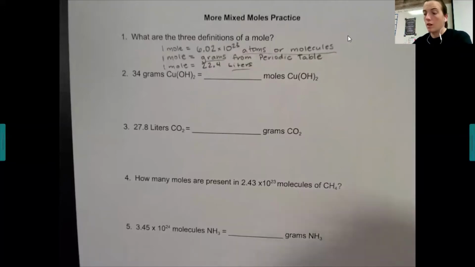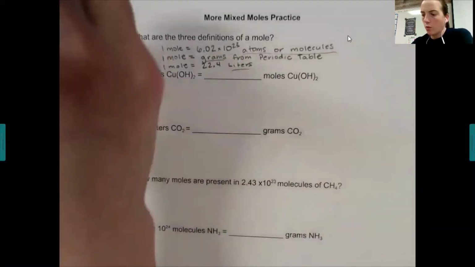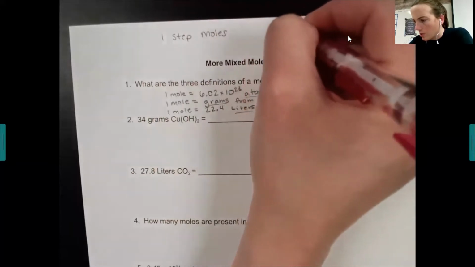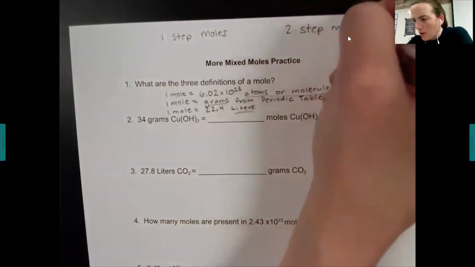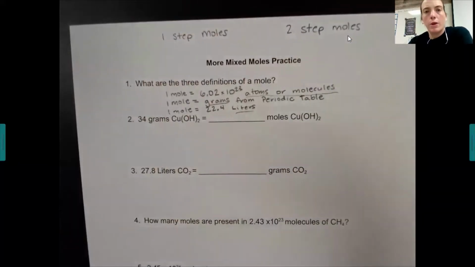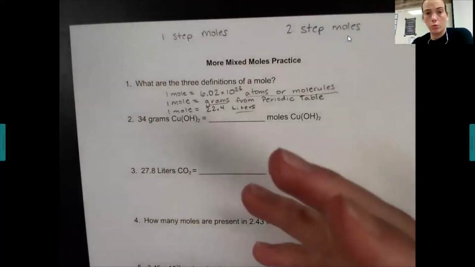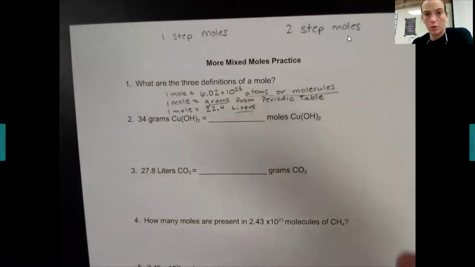Before we even get started, we have 1-step moles and we have 2-step moles. A lot of the people who've been coming to tutorials have been unable to tell when to use 1-step moles or when to use 2-step moles.